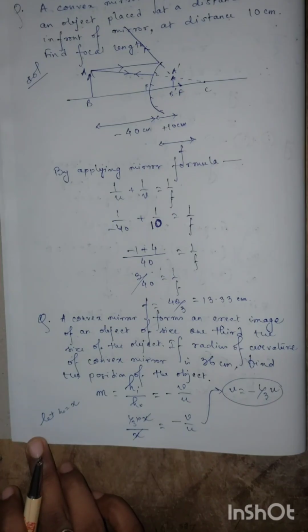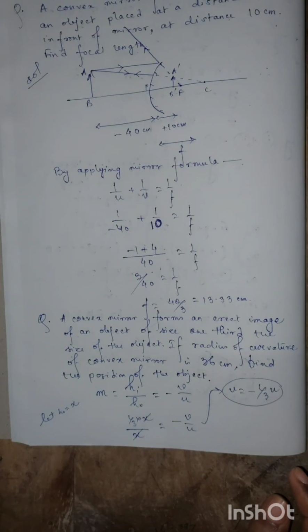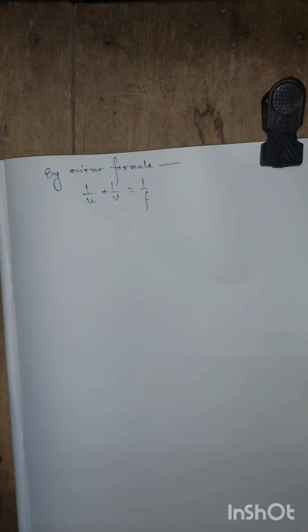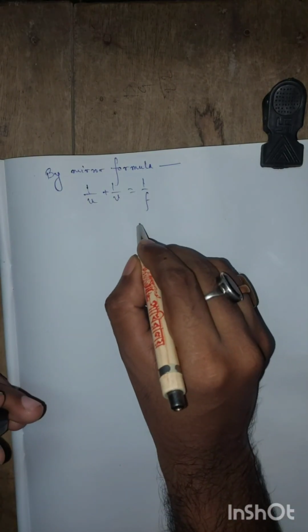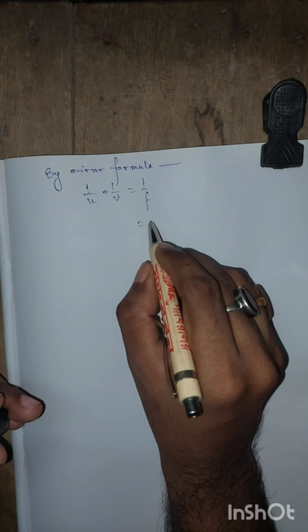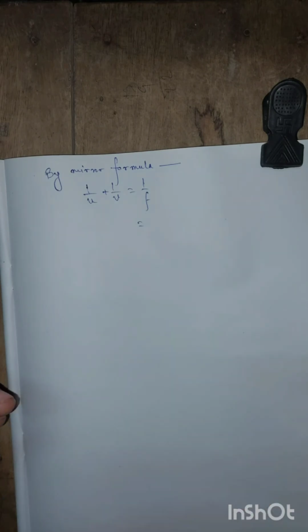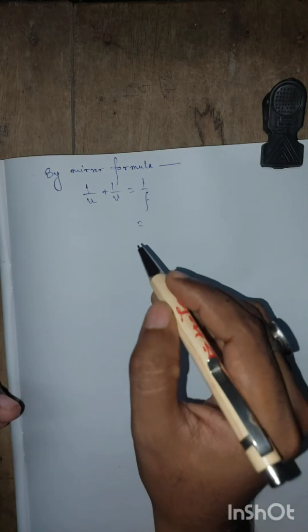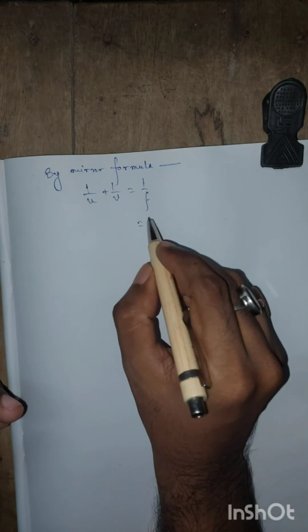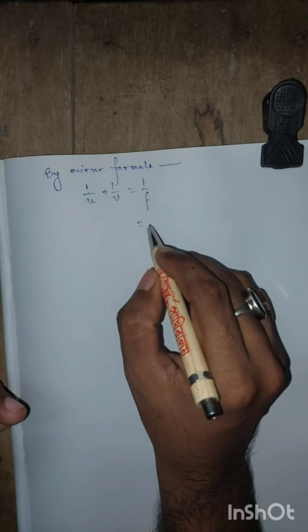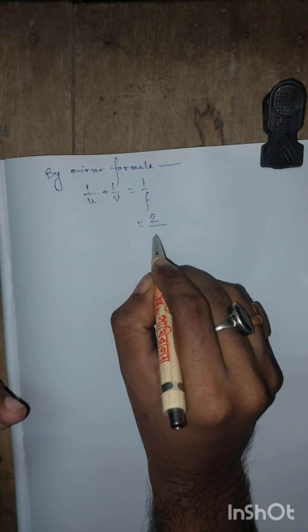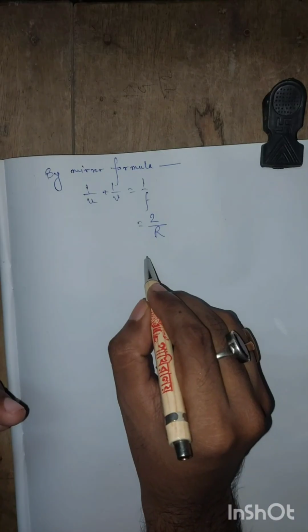Now again we can apply mirror formula. Now in place of 1 by f, we can write 2 by radius of curvature.